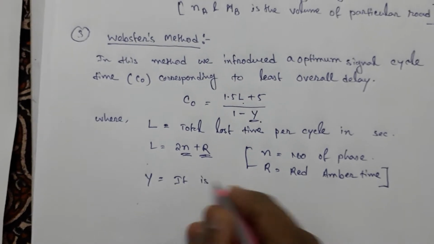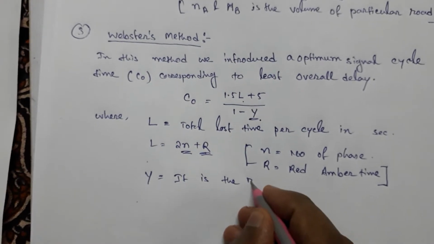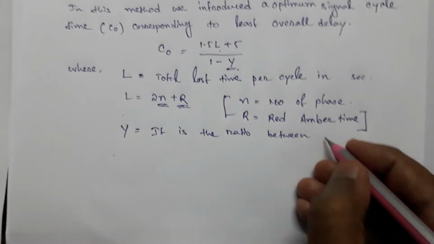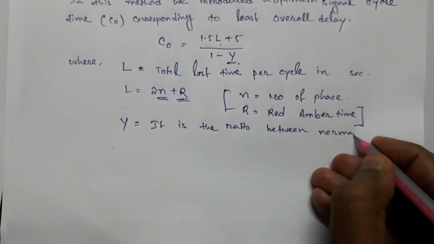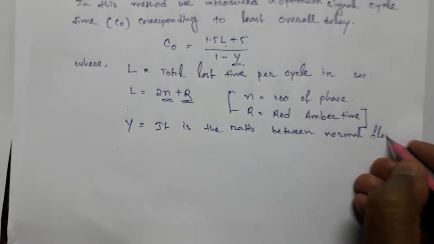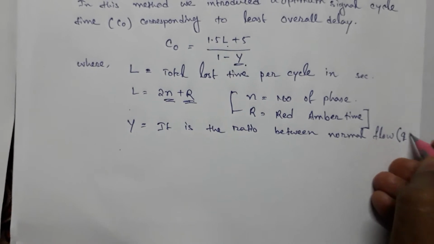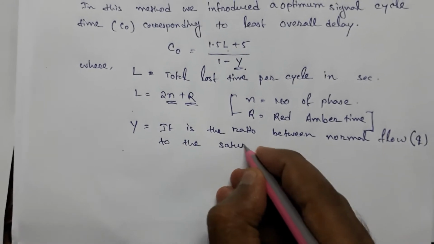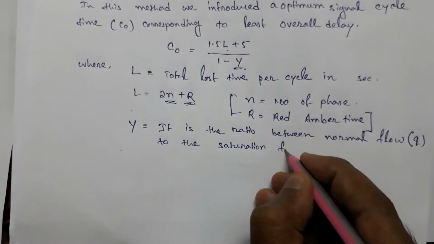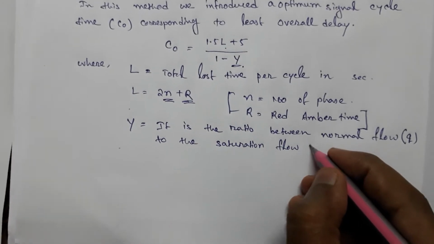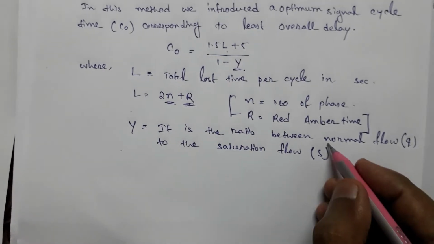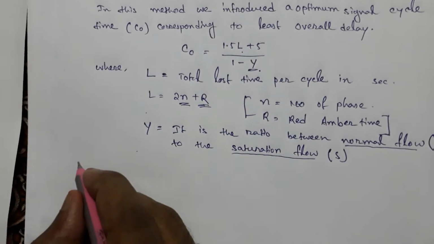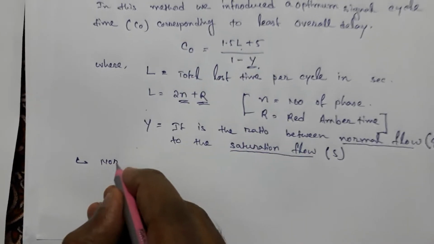So Y is the ratio between normal flow, which is denoted by q, to the saturation flow, which is denoted by s. Now what is normal flow and what is saturation flow?